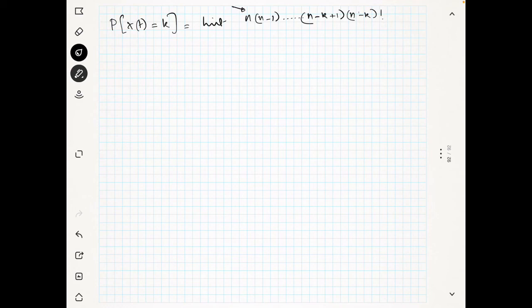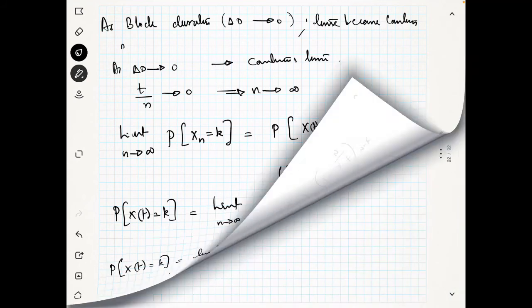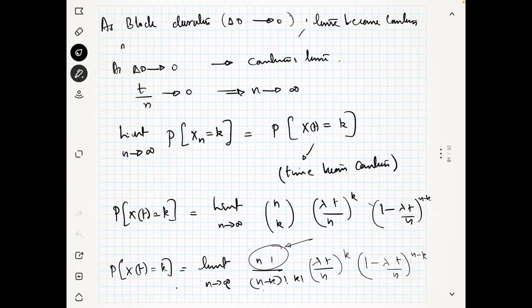And divided by, you can see here there is a term n minus k factorial, into k factorial. And there is another term, lambda t by n whole raised to k.